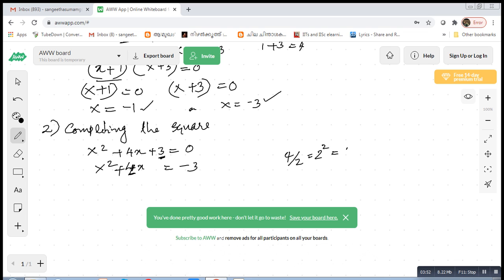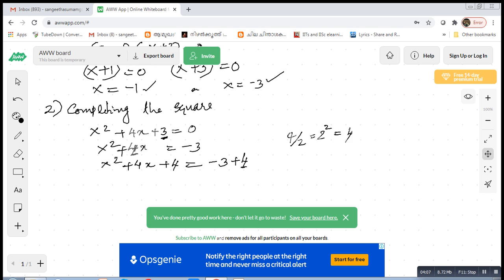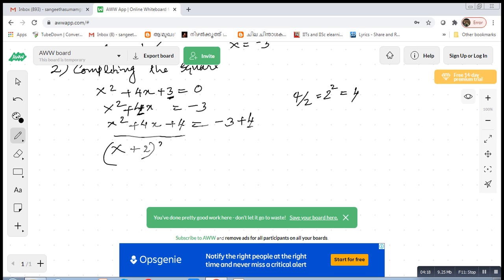That 4 you will add to both sides of the equation. x square plus 4x plus 4, and you are adding the same number 4 on the right hand side also. So this is a perfect square now. x plus 2 the whole square. And what do you get after simplification on the right hand side? It's 4 minus 3, it's 1.